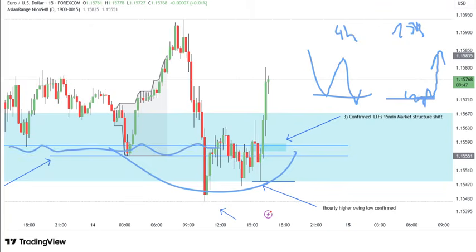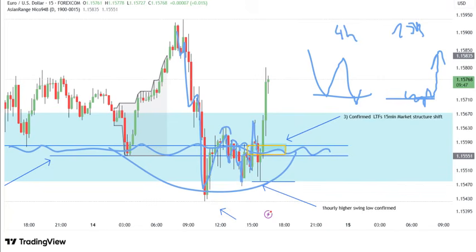So this is the 4-hourly liquidity level. We had this bearish structure here, and then what happened in the New York session, we had price moving higher, breaking all those previous short-term highs, leaving us with this bullish imbalance, fair value gap level.